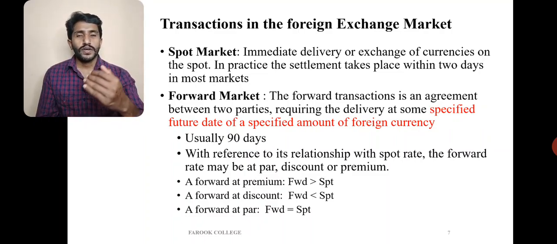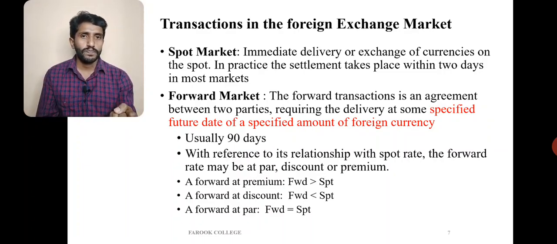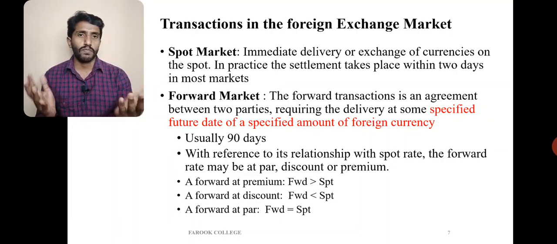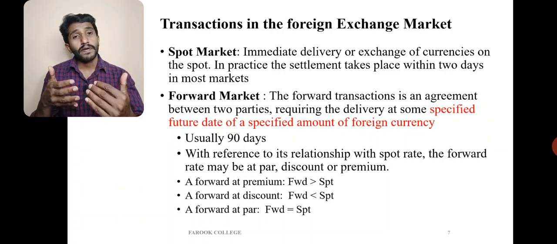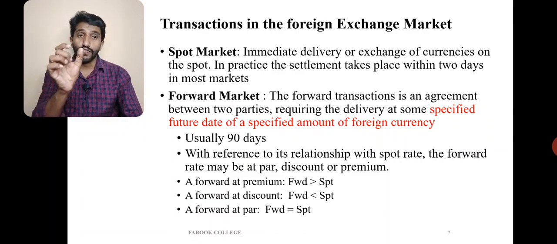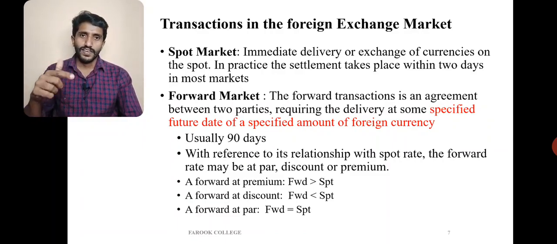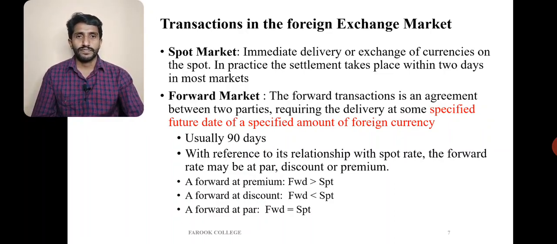The agreement is like this: in the future, after 90 days, I'll be delivering this many dollars to you at this price. The price also will be fixed beforehand. So the transaction is happening after 90 days, but the agreement is happening now. That is the forward market. Forward means the transaction happens in the future.